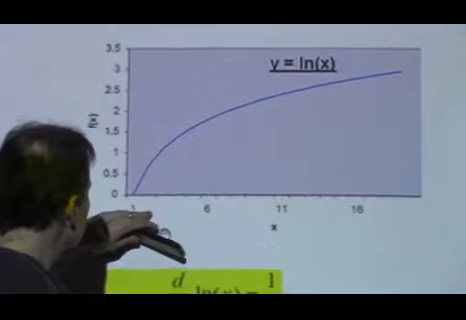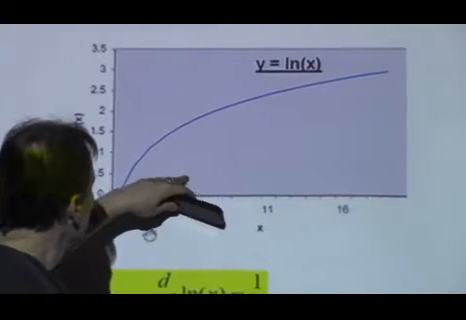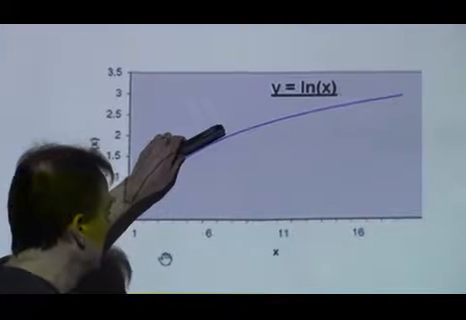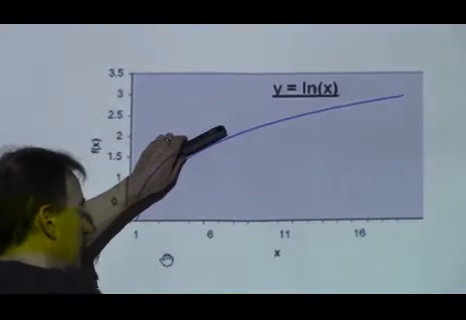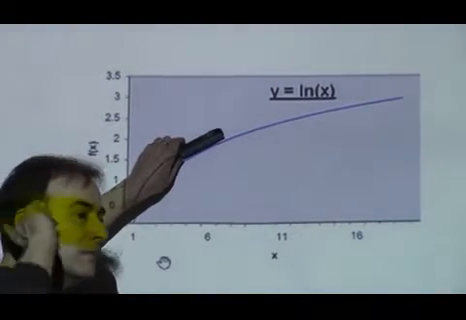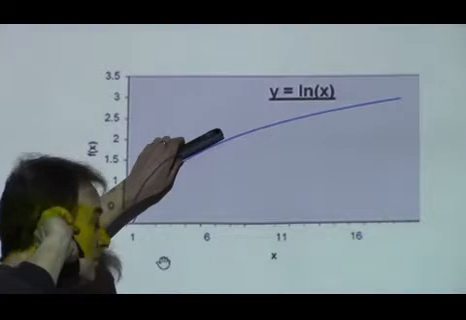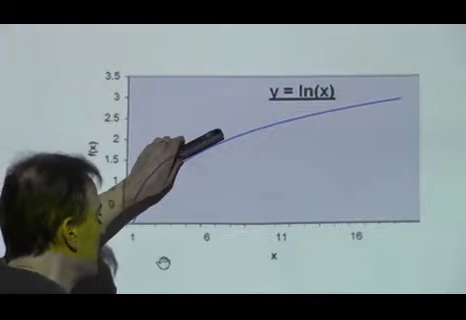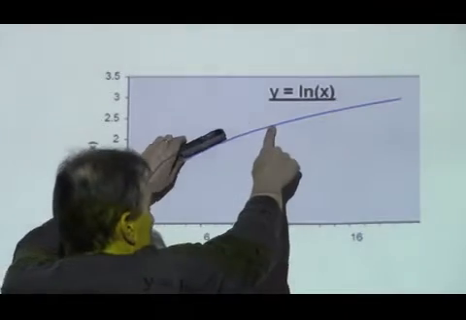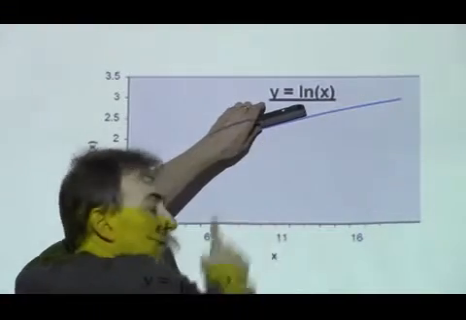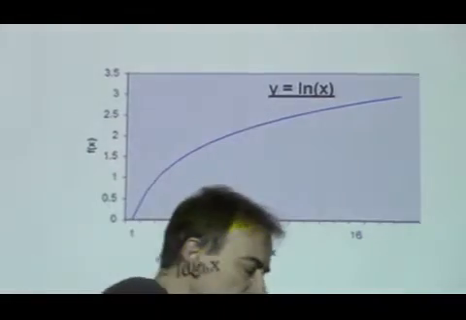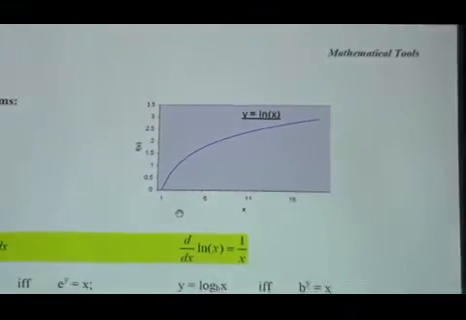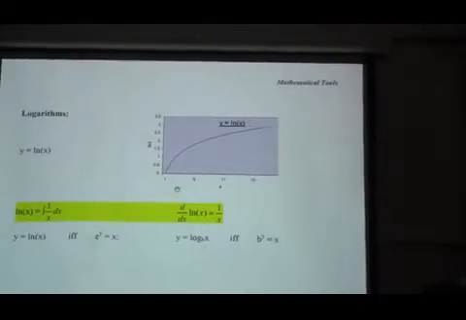So when x is equal to 5 up here, what's the slope of this line? 1/5. When x is 10, what's the slope of this line? 1/10. So the derivative gives us the function which is the slope of the tangent line at that point.